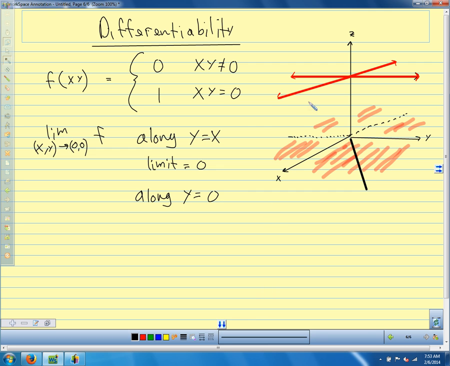So along the x-axis. What is my limit going to be along the x-axis? No matter where I go, from the left, from the right, my function is 1. Along y equals 0, the limit is 1. So our function is not continuous at 0, 0.